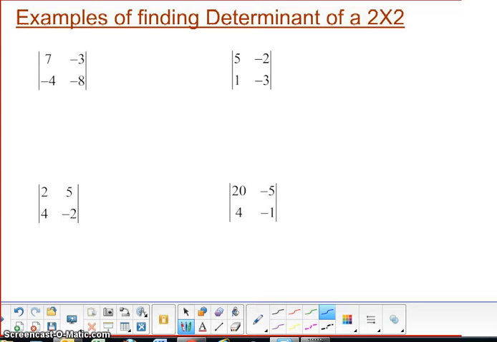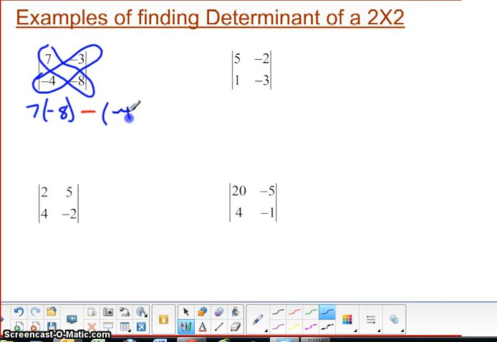Okay, so the first example, I'm going to go ahead and circle where A and D would be located, and that would be 7 times negative 8. And then I'm going to subtract the next one, which is this diagonal, and that's going to be negative 4 times negative 3. Now notice I put the negative, the negative as a red just to clarify.